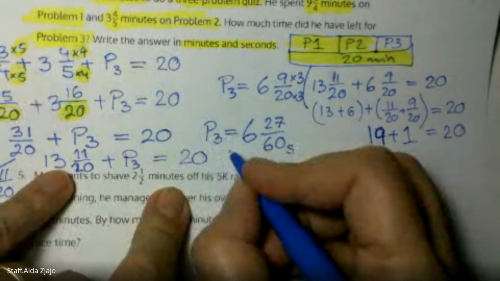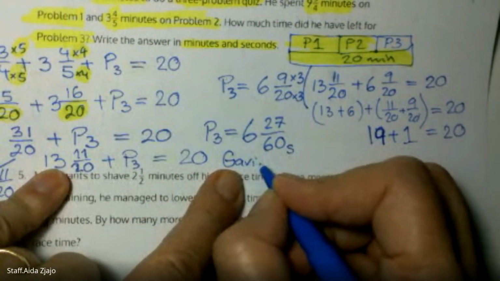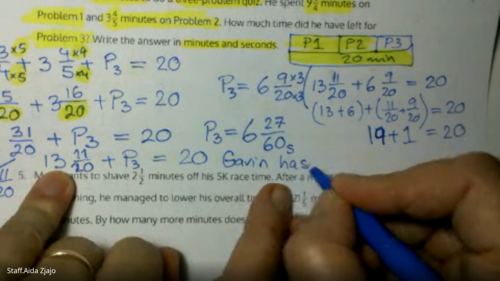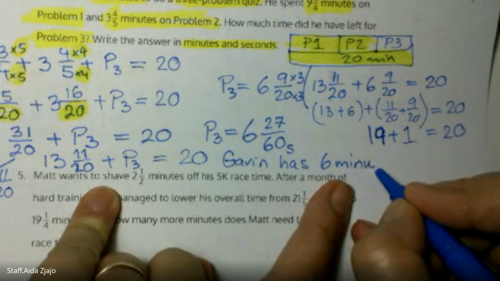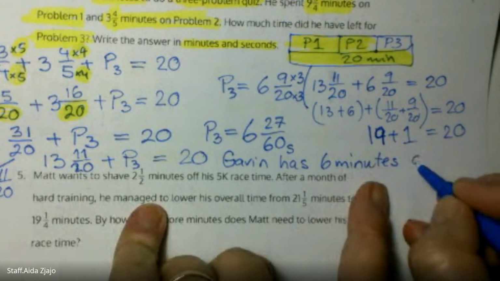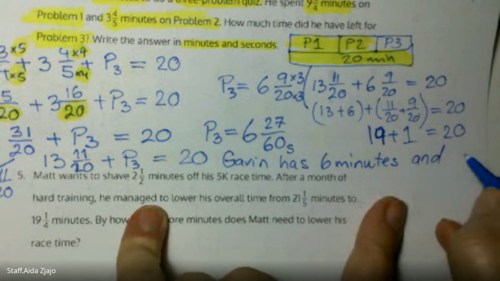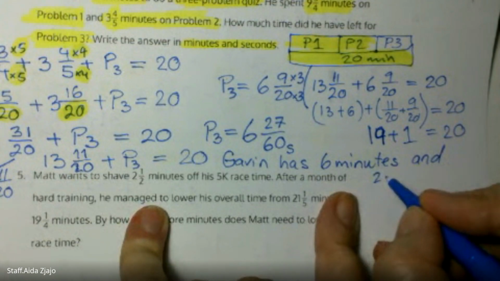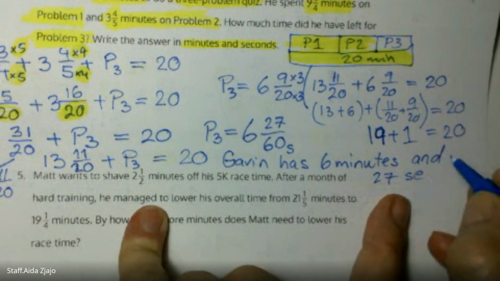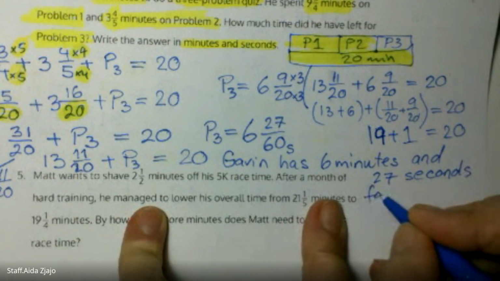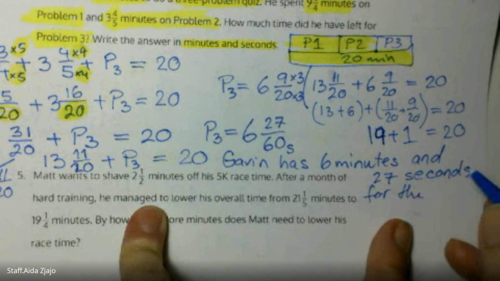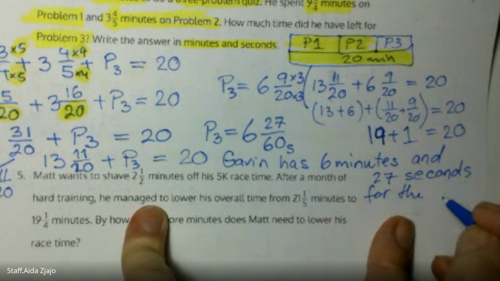So Gavin has 6 minutes and 27 seconds for problem 3.